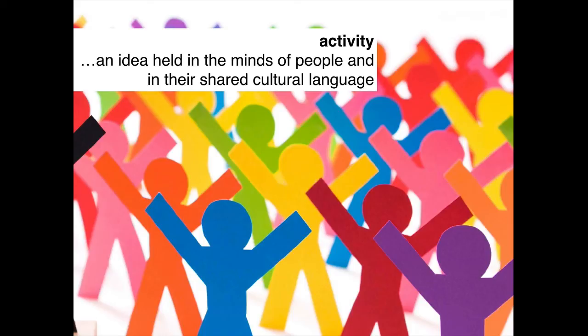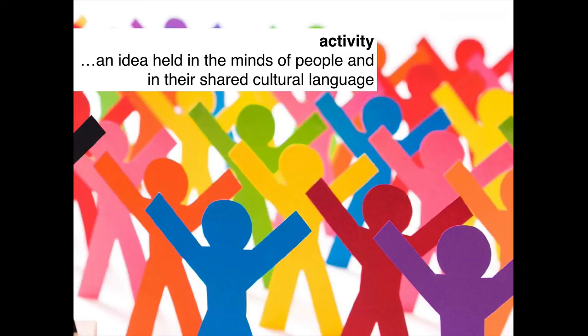And so that is essentially what activity is from Pierce's perspective. An activity is an idea held in the minds of people and in their shared cultural language. So we say going for a walk, that means something to us. We have a general understanding. We don't know the specifics of what that is for the person who engages in that.